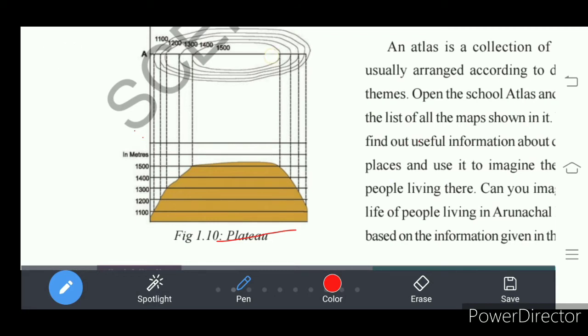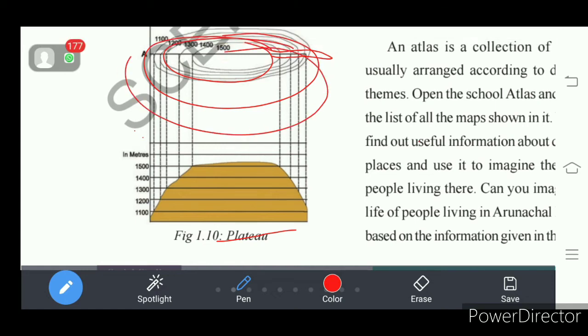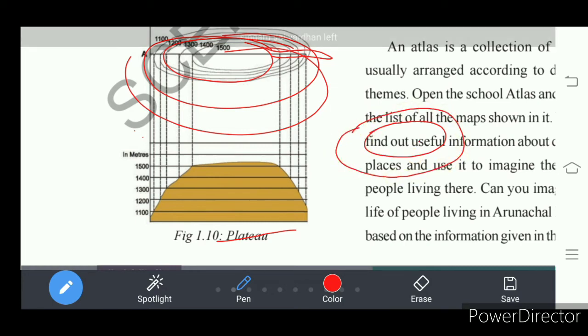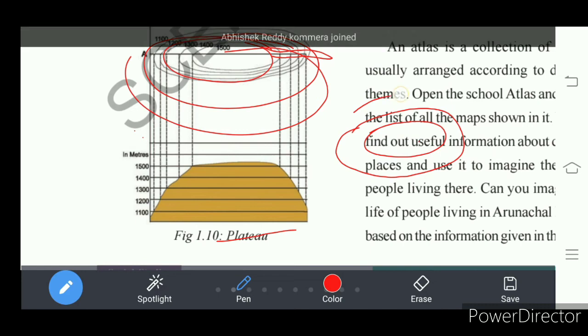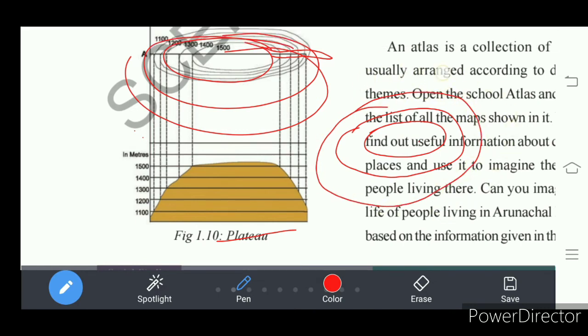From one line to another line, among all these contour lines, we find equal distance. Here I am drawing with equal distance in this way, second, third, fourth.